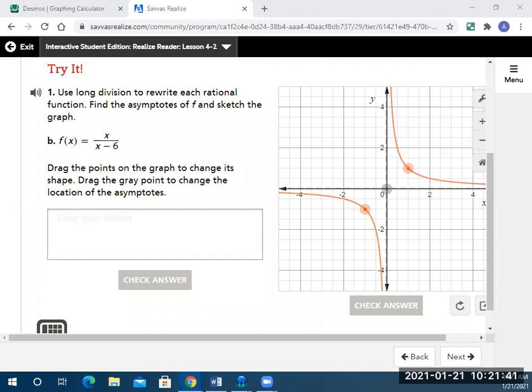All right. Did you guys figure this one out? What'd you get, Nash? 1 negative 6 over x minus 6. Let me check.